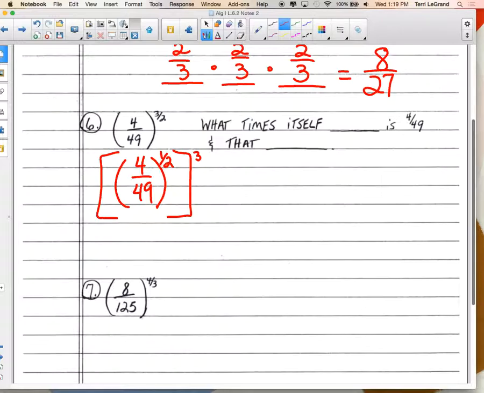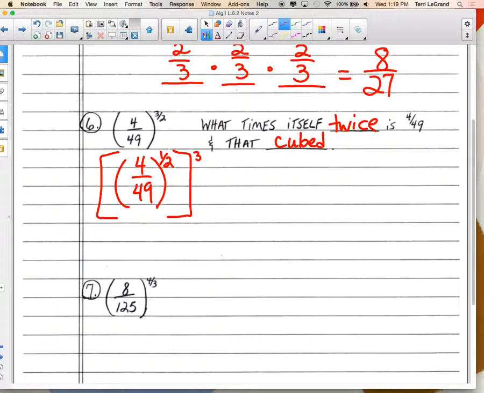So, what times itself twice, let's do it twice instead of 2 times. What times itself twice is 4/49, that's what we're going to be looking for. And then take that answer and cube it. So, we are looking for what times itself twice is 4/49.